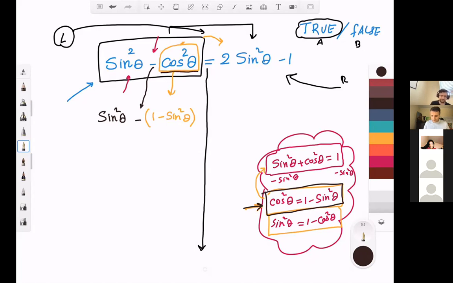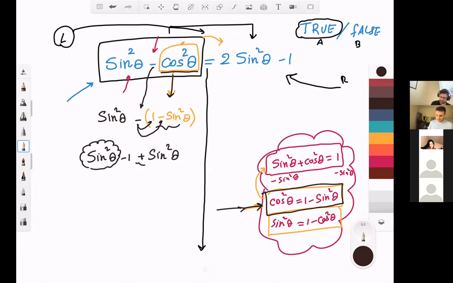So far, instead of cosine squared, I put 1 minus sine squared. Where is this formula coming from? Coming from here. Now let's remove the parentheses. We have sine square of theta minus 1, minus minus will be plus sine square of theta. Sine square of theta plus sine square of theta gives us 2 sine square of theta, and this minus 1 goes here.